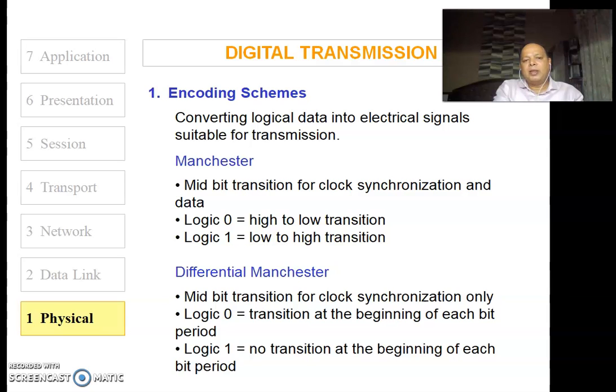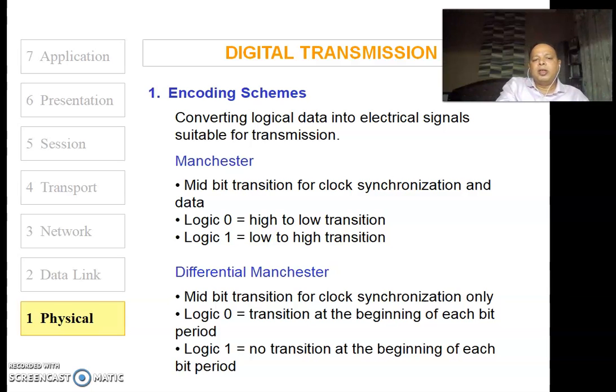While in differential Manchester, the mid-bit transition happens only for clock synchronization, while in Manchester, the transition happens for clock synchronization and data synchronization. That's the difference between these two schemes, and accordingly the bandwidth also differs. Differential Manchester requires less bandwidth as compared to Manchester.